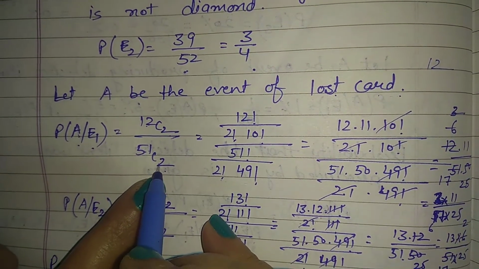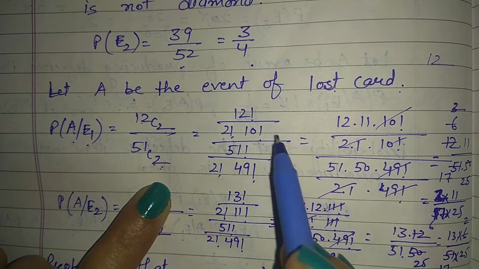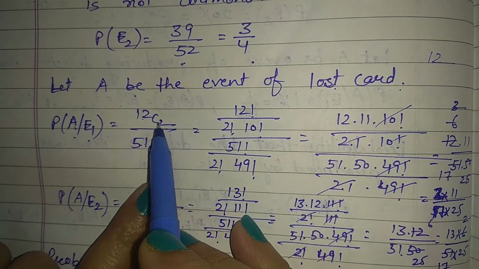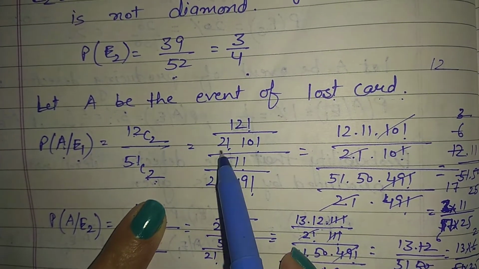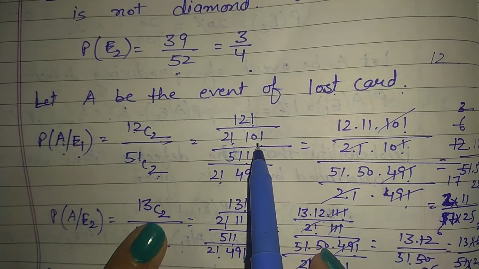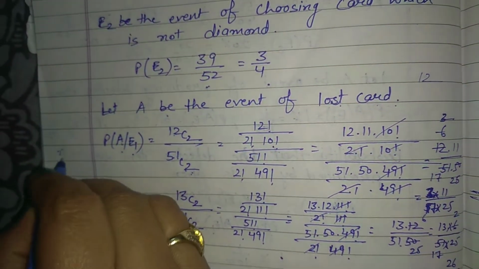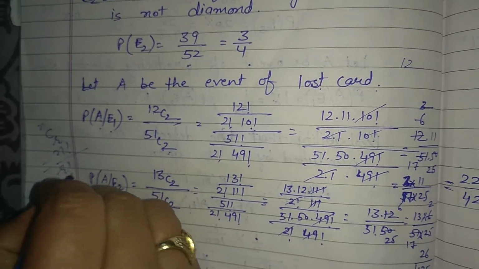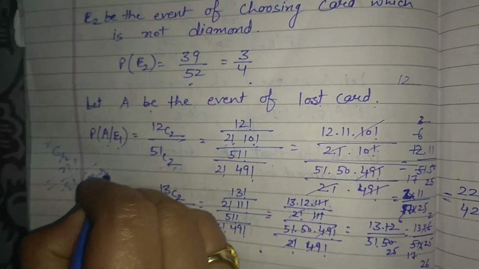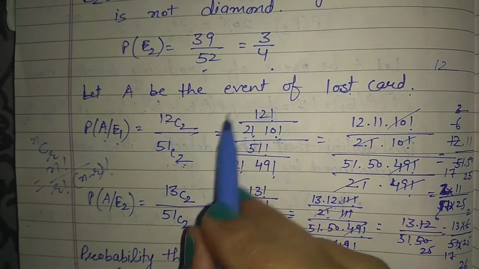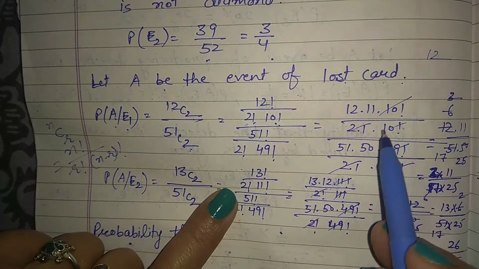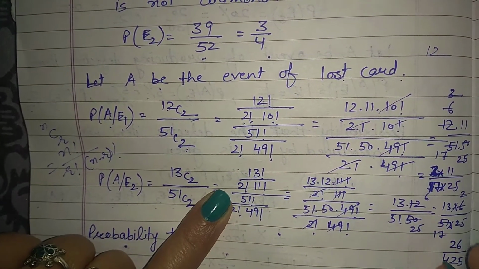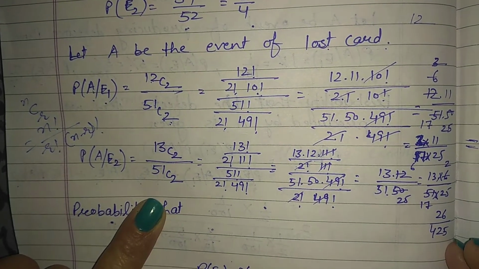So 51 C2. Then after solving, we know the combination formula: nCr is equal to n factorial upon r factorial into (n minus r) factorial. So the same formula we will apply here. Okay, after solving factorial, cancel this, answer will be 22 by 425.